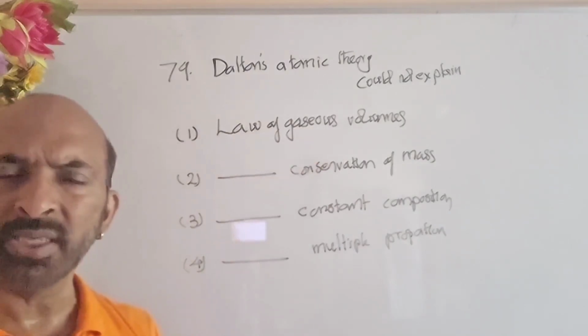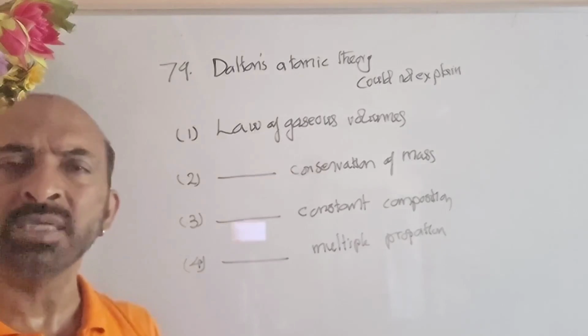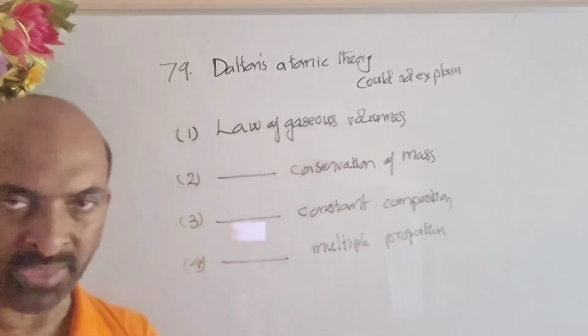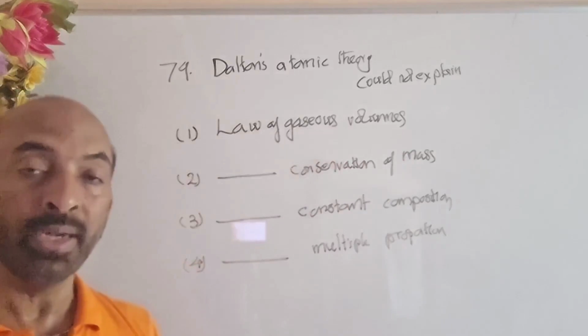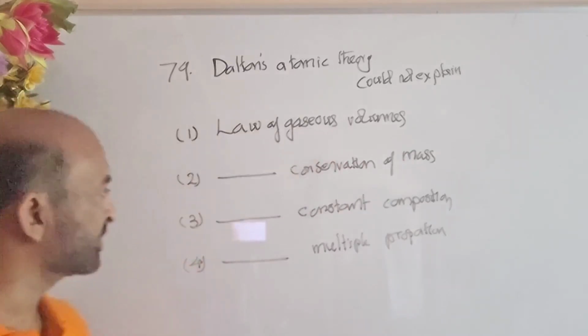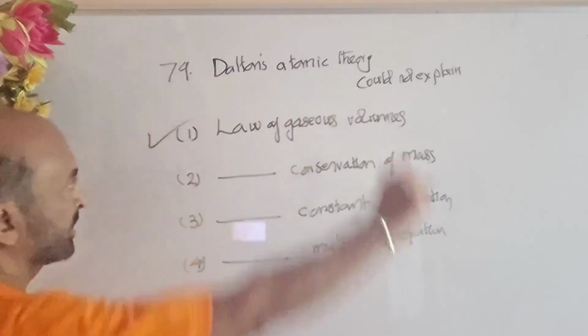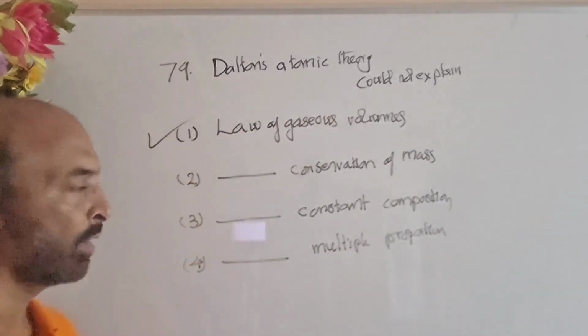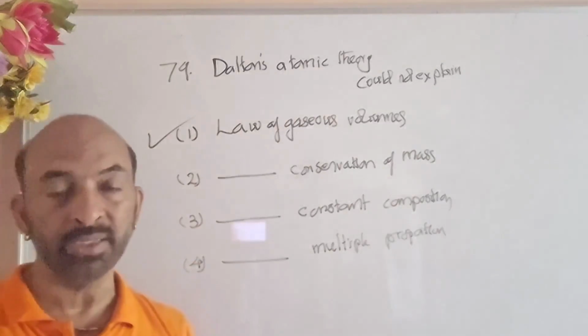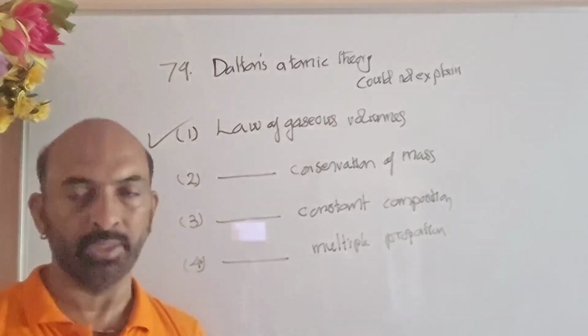Since Dalton's atomic theory does not relate mass with the volume, it could not explain law of combining volumes of gases. That could be done by another gaseous law, which is Avogadro's law. For this question, our answer is Dalton's atomic theory could not explain law of gaseous volume. That is option 1 is our answer for this question. Okay.